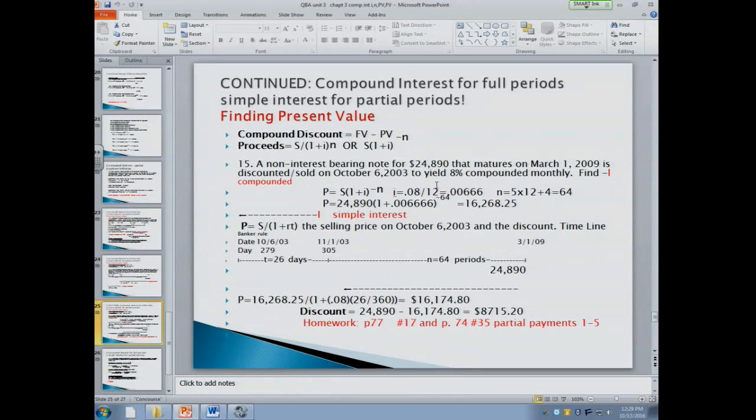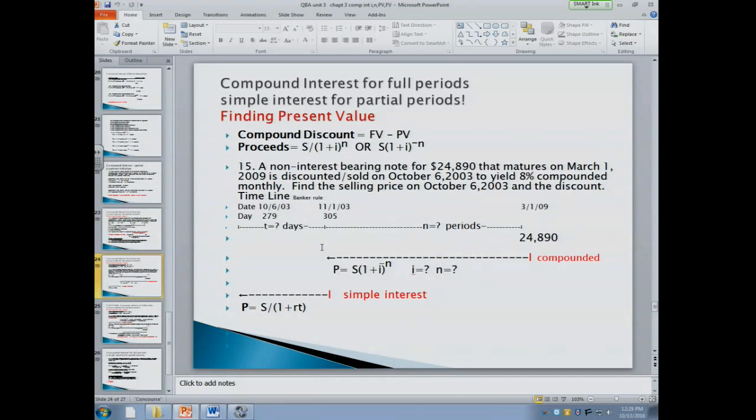This is the same problem. Right here is your timeline. So we find our future value. We're first going to find our proceeds right here on 11/1/03 with our compound interest formula. I should say it's our proceeds formula for compound interest.